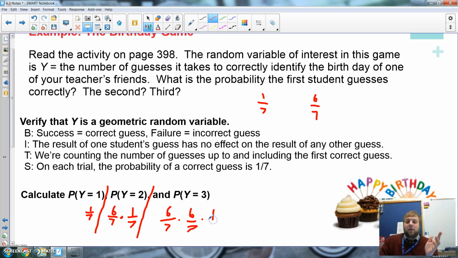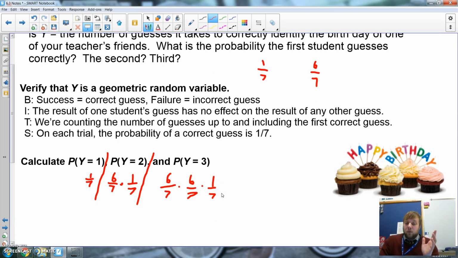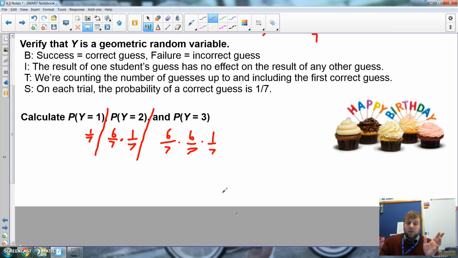And of course, Chloe always gets it right. So she would get it right on the 3rd time. That would be the probability of getting it on the 3rd try. So we've done these kinds of things before, but you've got to realize we have 2 failures and 1 success with 3 tries. That's it. It is really that simple.